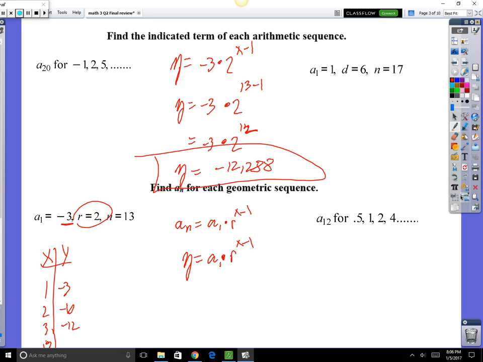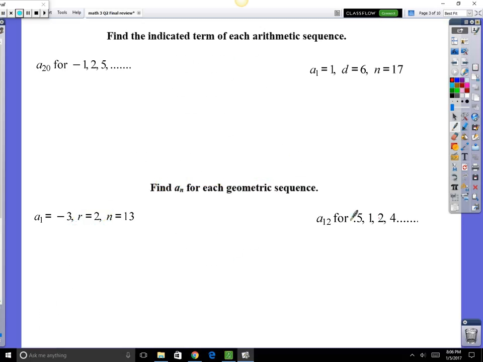Okay, the next one, same thing, it's going to be geometric, so we're going to use the same model. This is actually my first, my second, my third, and my fourth, and they want you to find the 12th.